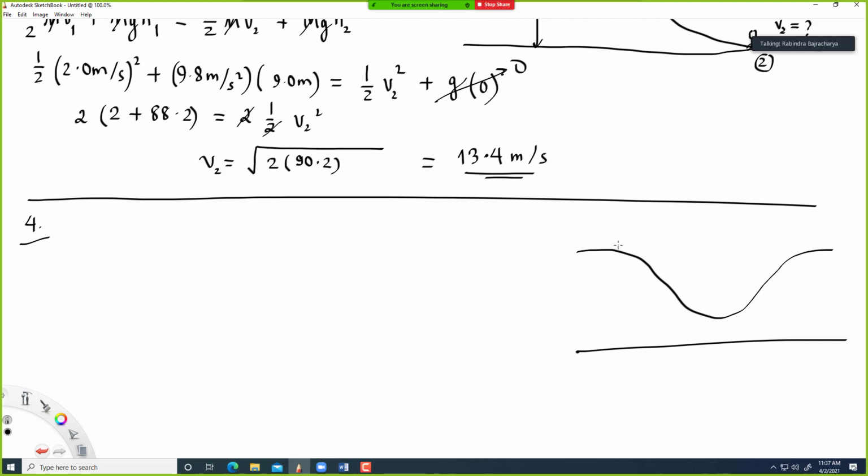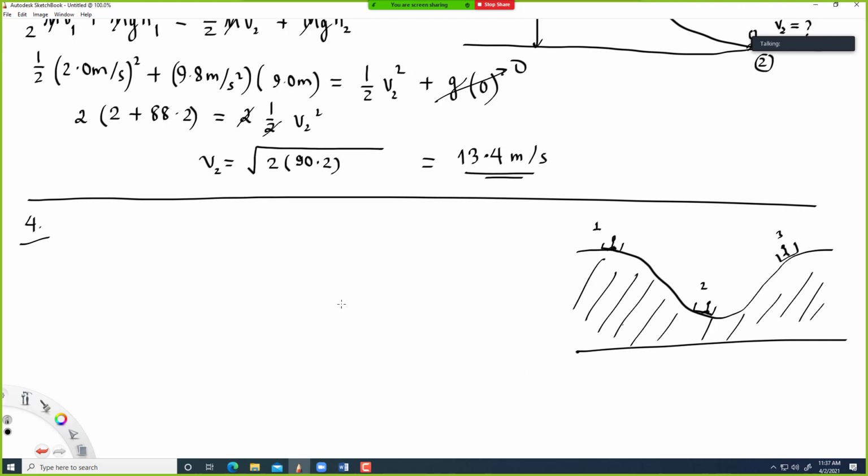So let's say the position of the roller coaster here is 1, the position here is 2, and the position here is 3. And again, here the energy is conserved.